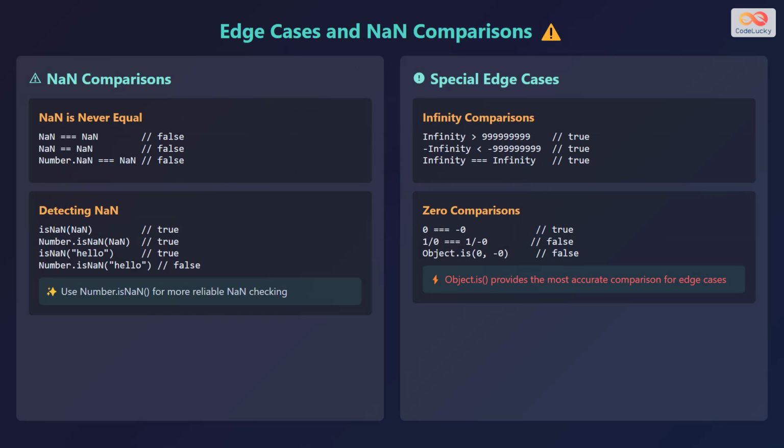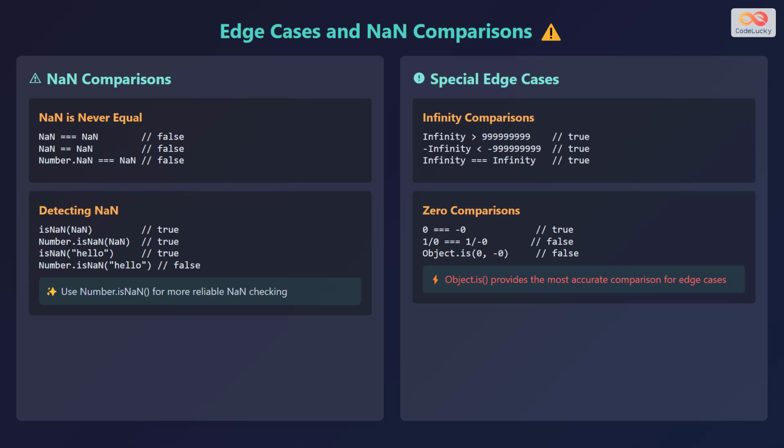Let's explore some edge cases and comparisons involving not a number, or NaN. NaN is a special value representing an undefined or unrepresentable numerical value. It is important to note that NaN is never equal to anything, including itself. Therefore, NaN triple equals NaN is false, NaN double equals NaN is also false, and Number.NaN triple equals NaN is also false.